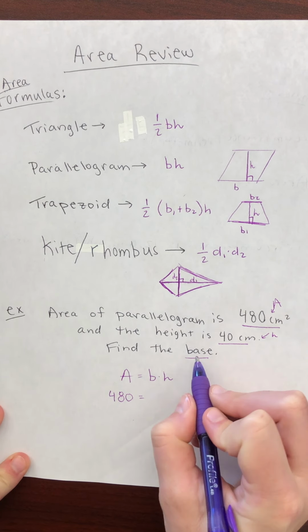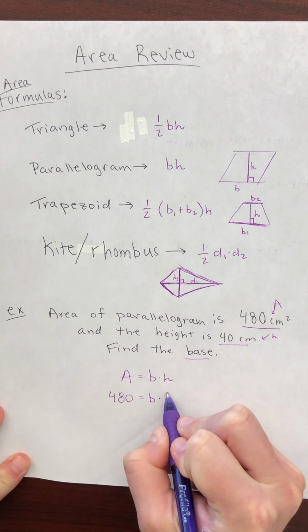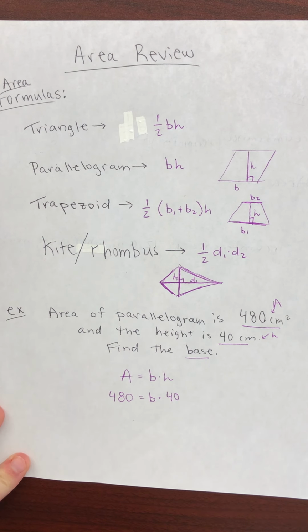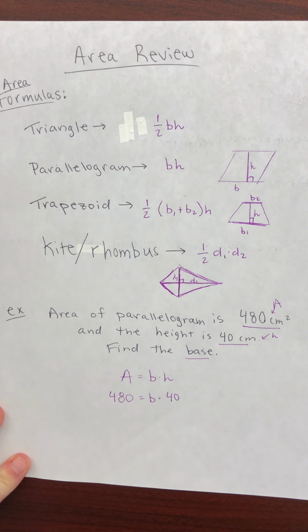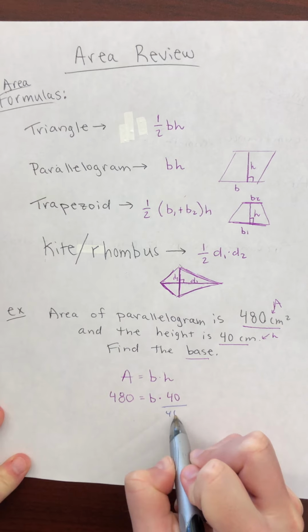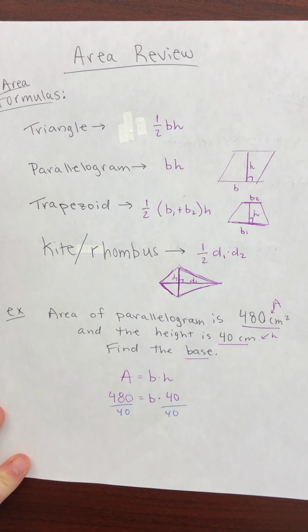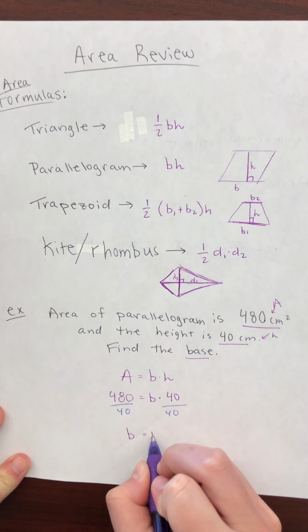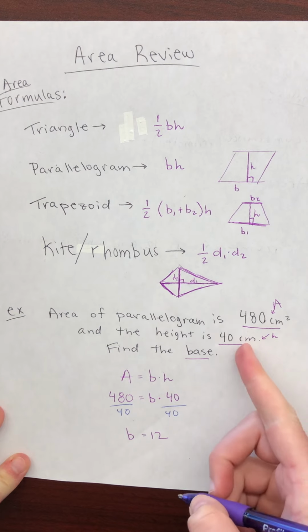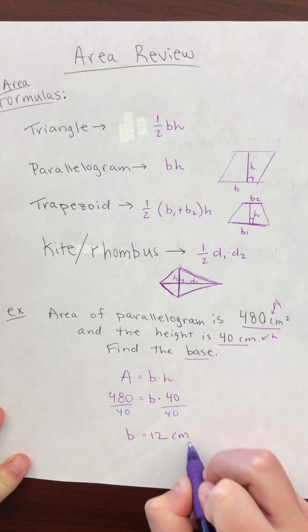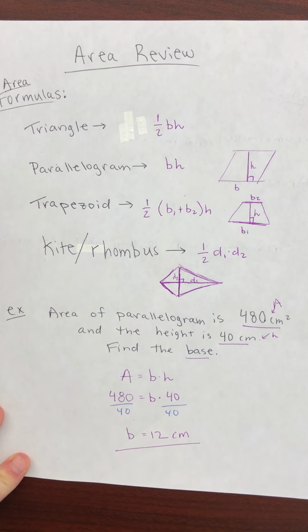That is H, and we're looking for base. So I don't know B, and then my height is 40. That's really all you got to do. And then from there, to solve for B, I divide by 40. 480 divided by 40. I feel like I could do that in my head. Okay, B would be 12. And then don't forget your units. The base would be in centimeters. Boom, not too bad there.